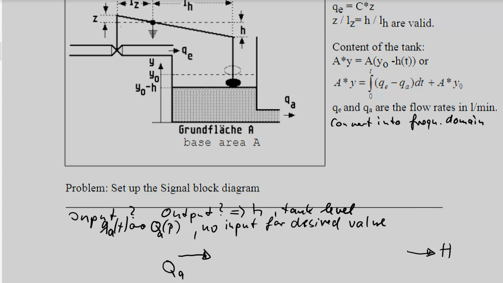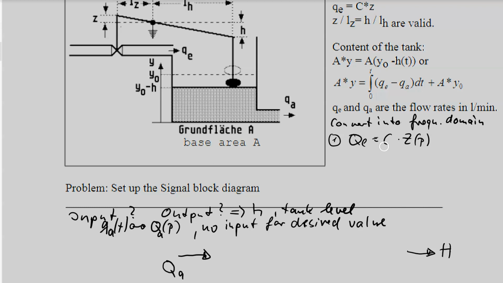So we can first say the first equation is QE, uppercase Q for frequency function, is the valve constant times capital Z. That is a frequency function. So a multiplication in time domain is of course a multiplication in frequency domain.